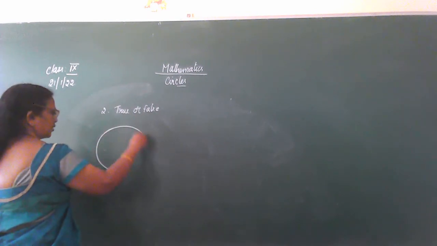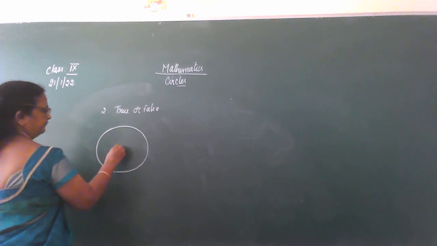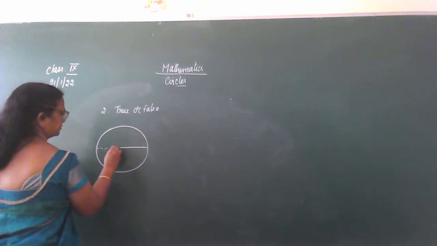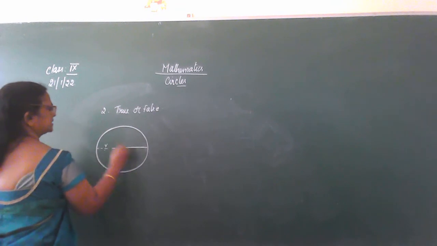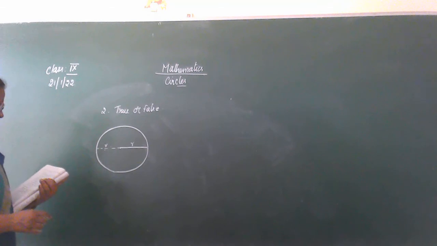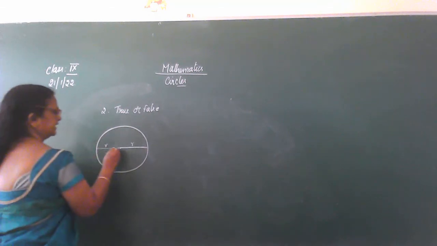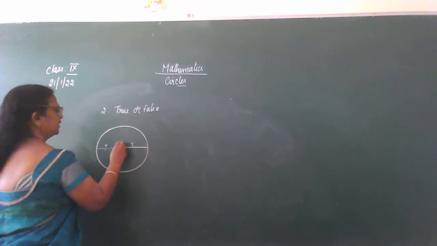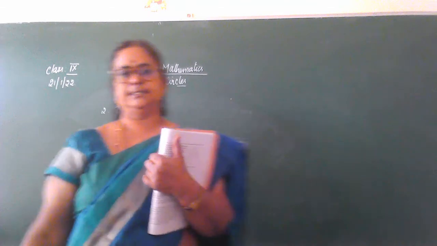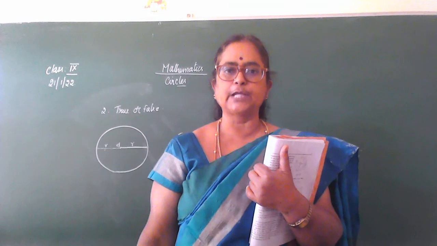So, if I draw a chord, if it is 2 times the radius, that means this is a radius and this is also a radius. Then it will become the diameter of the circle. Yes, the diameter is a chord which will have 2 radii. Isn't it? Diameter is nothing but 2 times the radius.